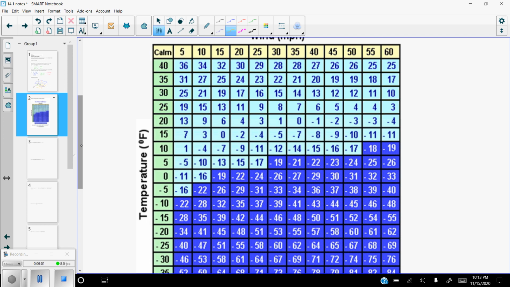So what that's saying is the wind chill, we'll call it W, is a function of both the temperature and the wind velocity. Which makes sense.